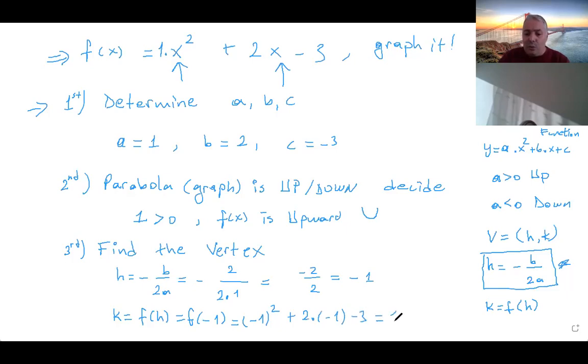So equals 1 minus 2 minus 3, equals 1 minus 2, negative 1, negative 1 minus 3, negative 4. So finally, to sum up, the x coordinate of the vertex is negative 1, the y coordinate of the vertex is negative 4.